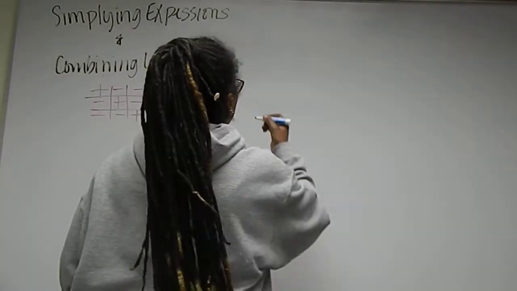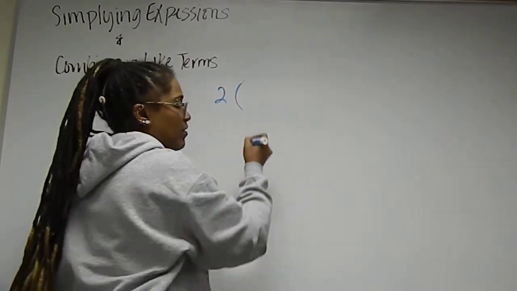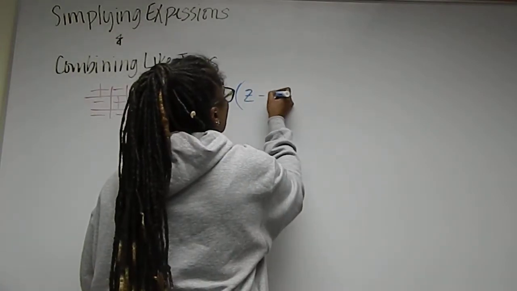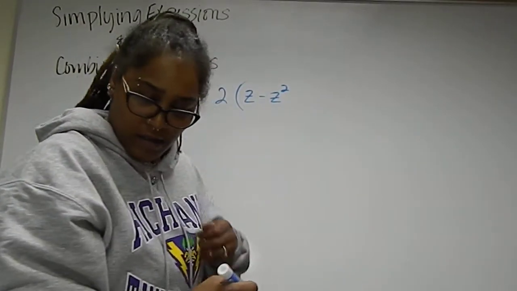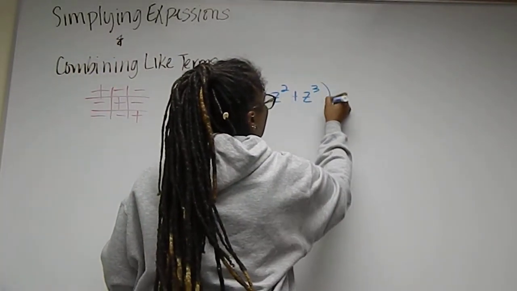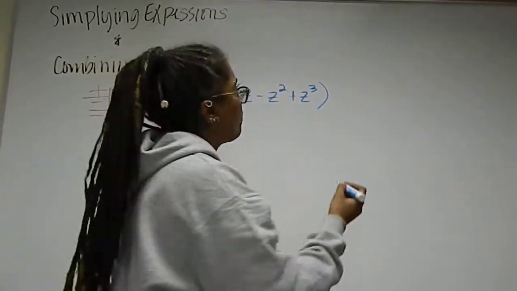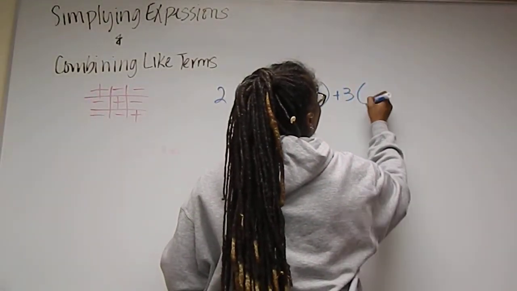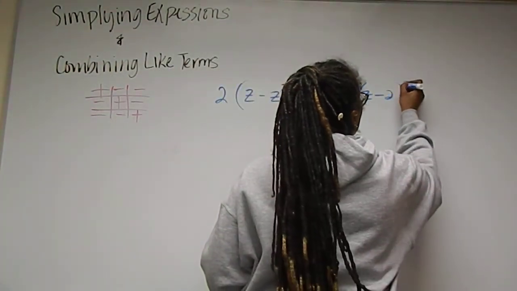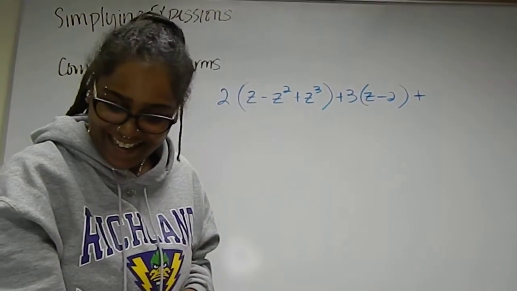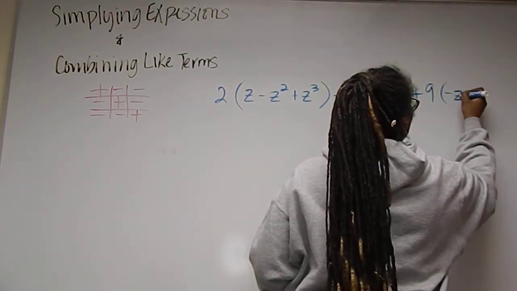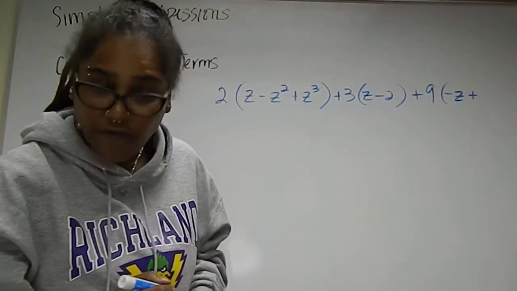Okay, so we have 2 times z minus z squared plus z to the third, all that's together, plus 3 times z minus 2 plus 9 times negative z plus 5.